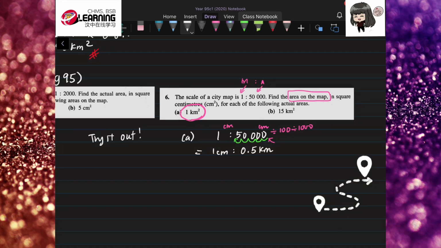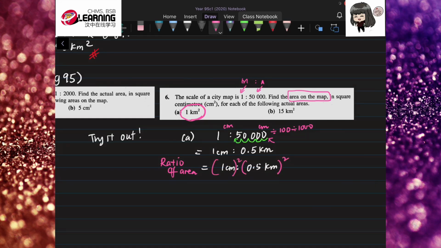Then here we can find our ratio of area. You have to square both 1 and 0.5. For the ratio of area, we need to square.